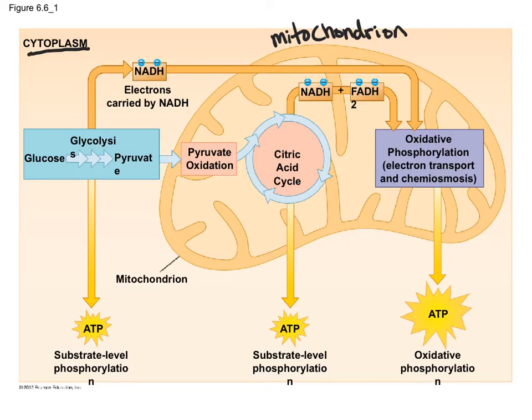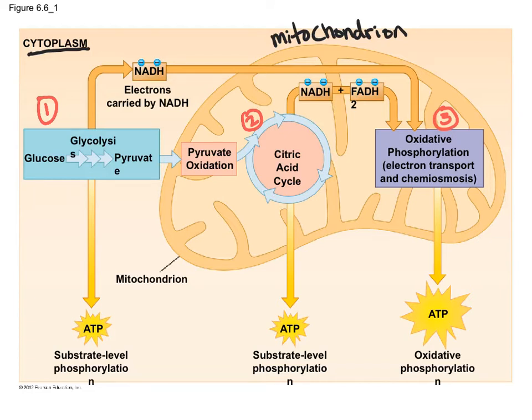That's outside of the mitochondrion. So if we look at these stages, the first stage, glycolysis, splitting glucose, occurs in the cytoplasm. And the two other stages of cellular respiration, the citric acid cycle and oxidative phosphorylation, both of those occur inside the mitochondrion.